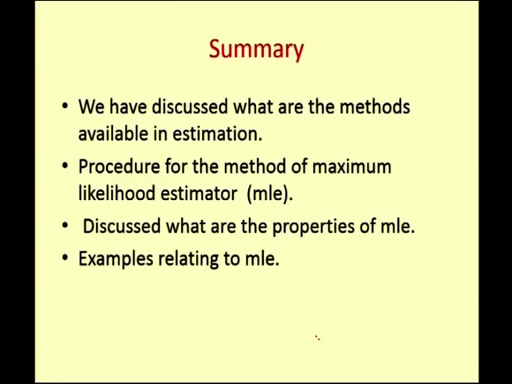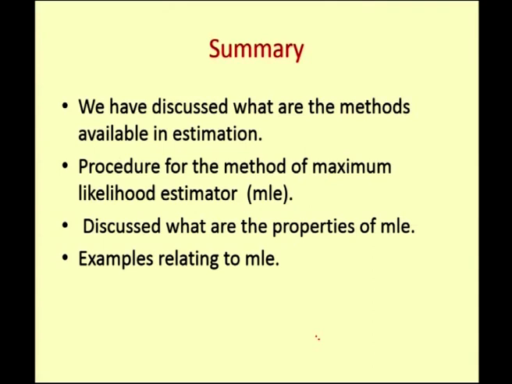In today's class, we have discussed what methods are available in estimation, namely the methods of MLE, method of moments, method of minimum chi-squared, etc. Next, we have discussed the general procedure for the method of maximum likelihood: first derivative put equal to 0, second derivative check whether it is negative. If so, the point substituted will become the MLE of the estimator.